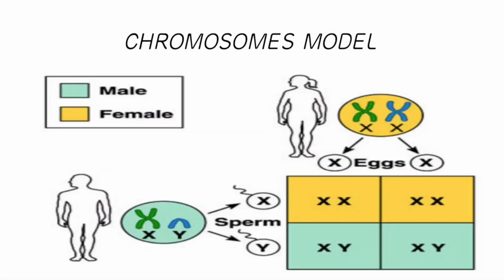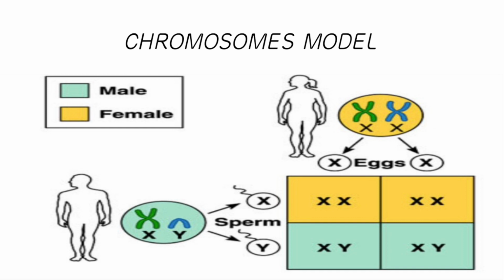Chromosomes model. As we have observed in the illustration, a female carries XX chromosomes in the egg cell while a male carries X and Y chromosomes in sperm cells. When the Y chromosome of the male unites with the X chromosome of a female, the result is XY, which means it develops a baby boy.